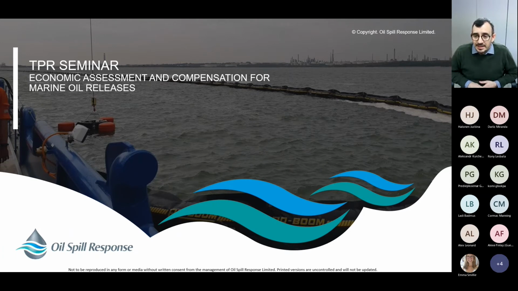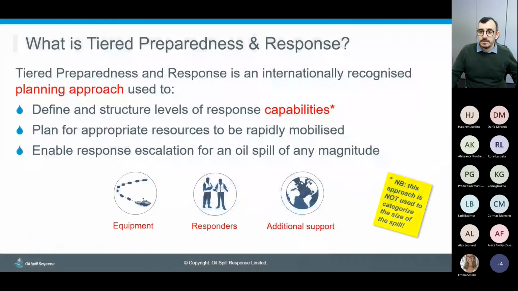So with this in mind, let's take a very short recap on what tier preparedness means. As the slide states, tier preparedness and response is an internationally recognized planning approach used to define structured levels of response capabilities, plan for appropriate resources to be rapidly mobilized, and enable response escalation for an oil spill of any magnitude.